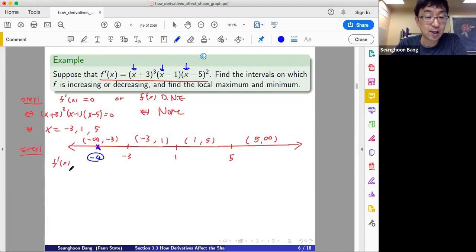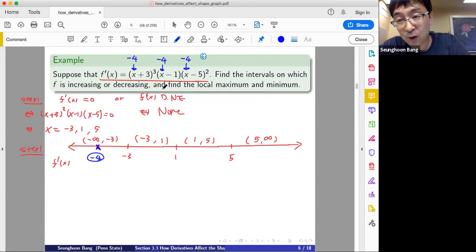So my question is, is f prime of x positive or negative? Could you write your answer on the chatting board? You can plug the negative 4 into x here. What's that? Is f prime of x positive or negative?